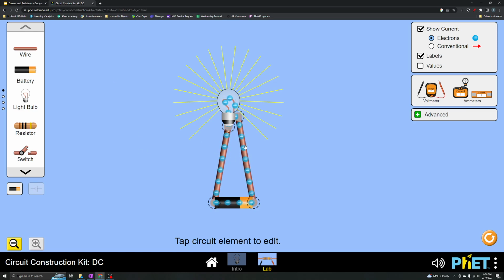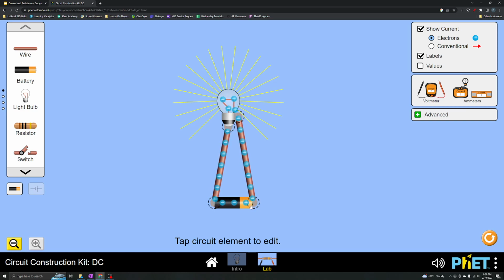Now, really important here is we should touch on what's actually happening in the circuit, which is that electrons are flowing. So you can see the little electrons flowing through the circuit like this, right? Now, that's what actually happens, and we know that because protons can't move. But electrons can.